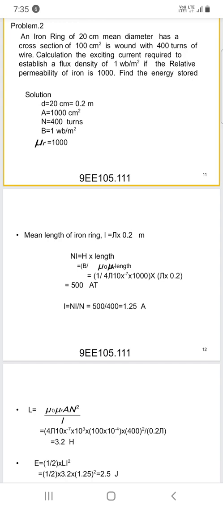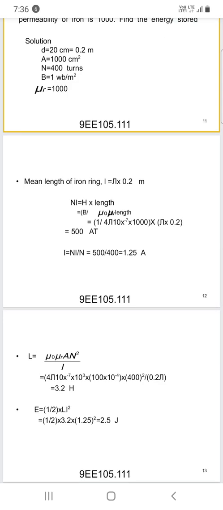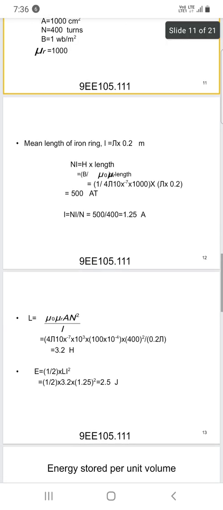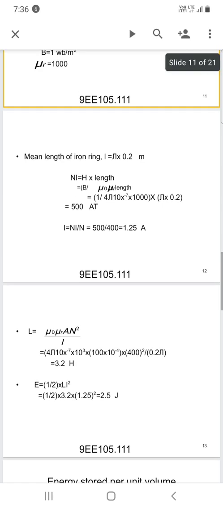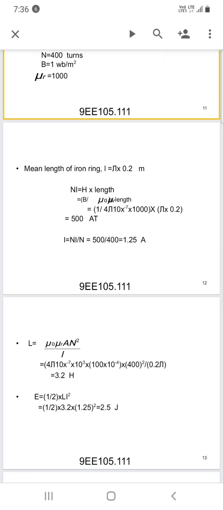Next, the ampere turns is needed. The relation between the ampere turns, magnetic field intensity and length is Ni equal to H into length, where H is the magnetic field intensity. The relation between the magnetic field intensity and flux density is H equal to B by mu naught into mu r.